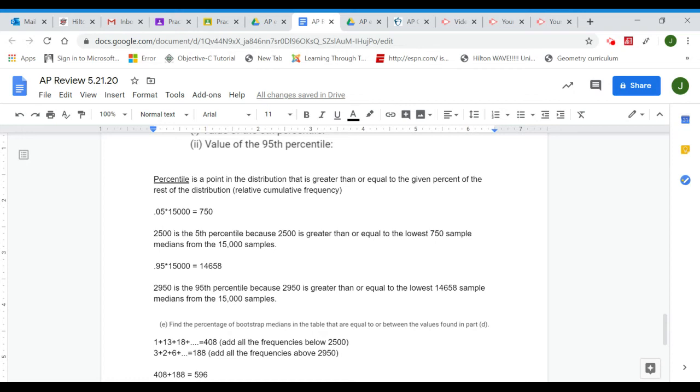So one of the 2,500s, there's so many of them, but if you go almost 300 of the 2,500s, you'll get to the 750th in order, if we were to put them all in order. So yeah, that's the 5th percentile. And then again, it ended up being the same thing that we did on the top side, but show it. 0.95 times 15,000 is 14,658.